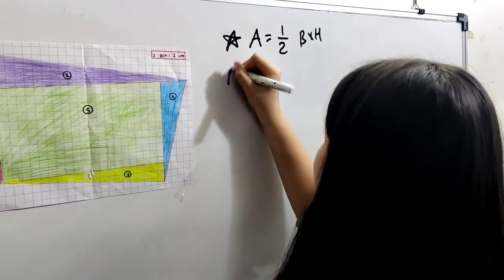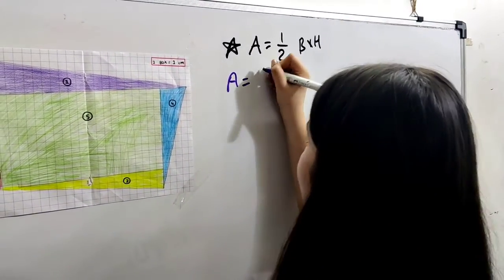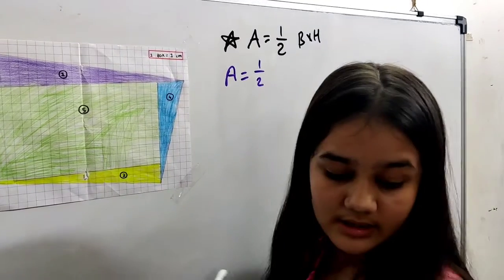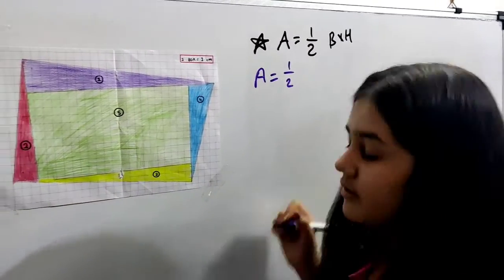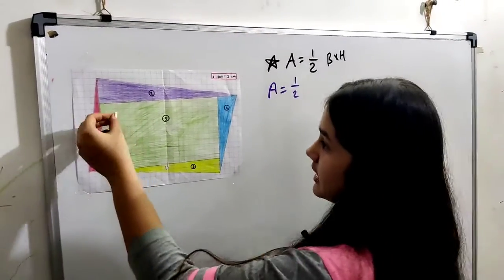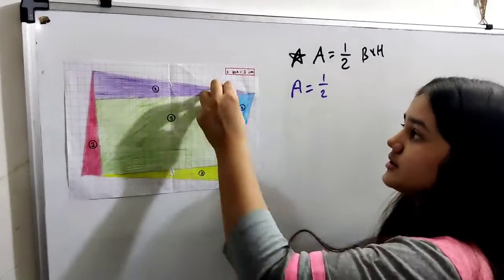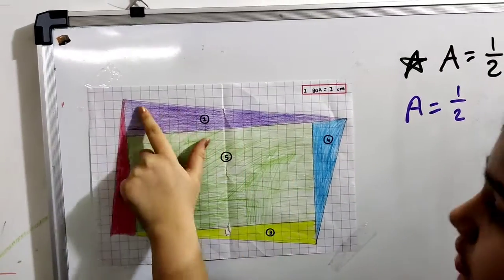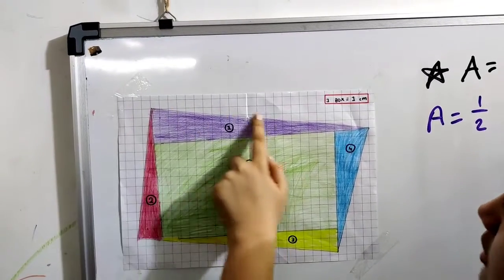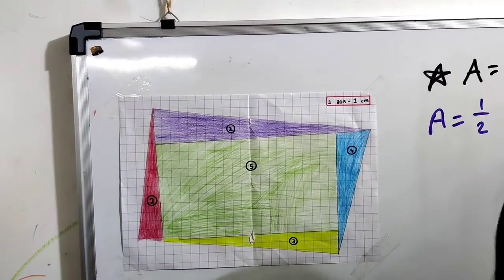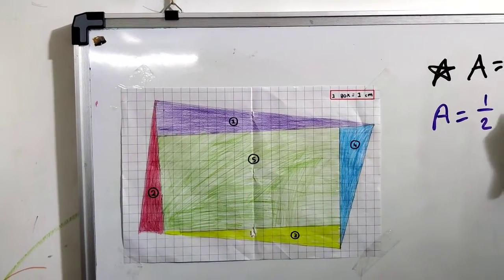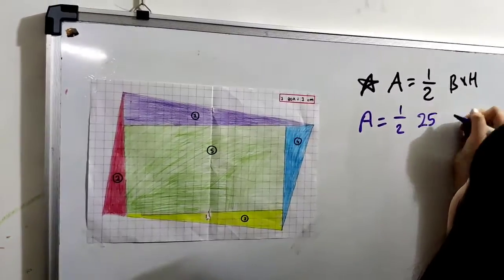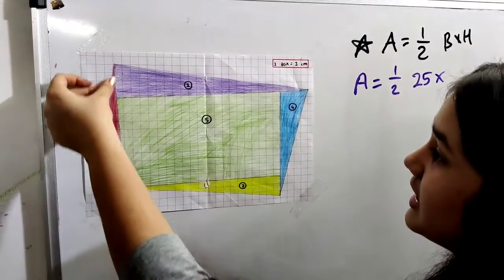So let's write area is equal to 1 by 2. Then you can see over here, one box is equal to 1 centimeter. Keep that in mind. So when you count all the boxes over here, you will find 25 boxes. And we multiply the length and breadth.